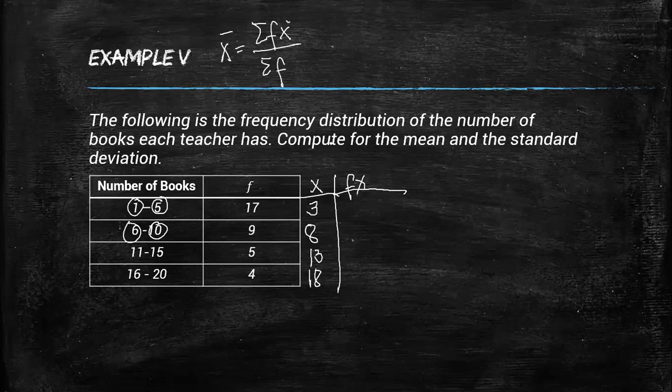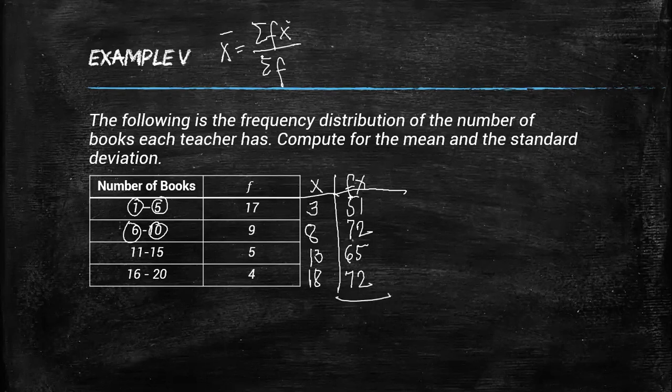Isa-isa yan. 17 times 3, ay, wait lang. Saan na? Okay. So, 17 times 3, 51. 9 times 8, 72. 5 times 13, 65. 4 times 18, 72 ulit. O, ayan na. Kunin nyo yan ha.